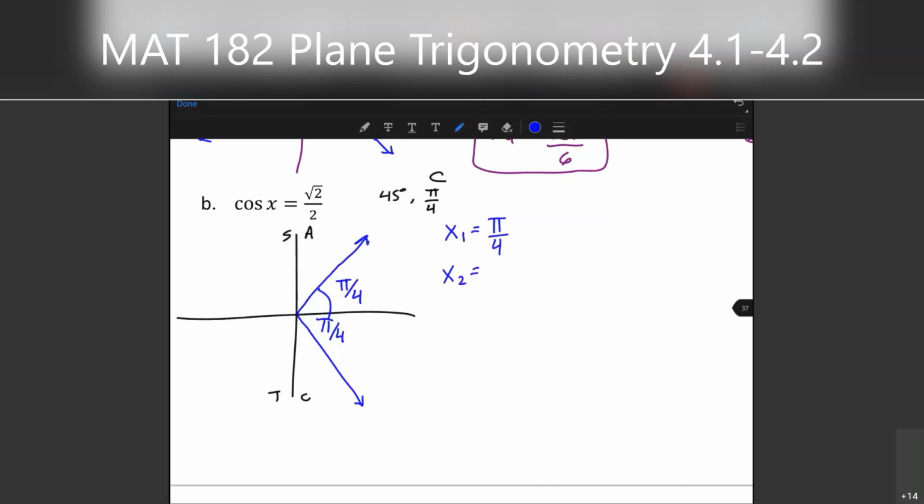What is the second angle that's formed in the fourth quadrant? Seven pi over 4. Yep, 7 pi over 4. Excellent job.